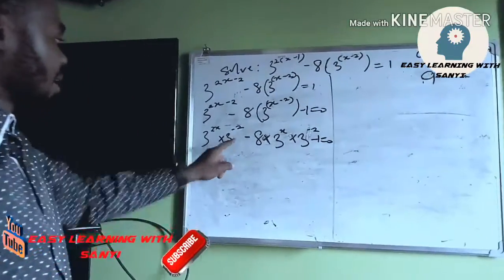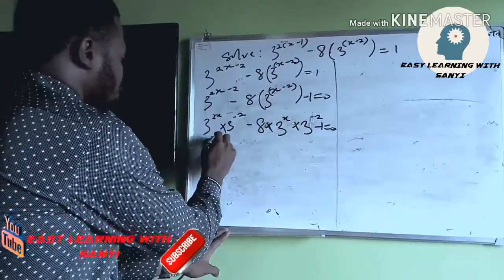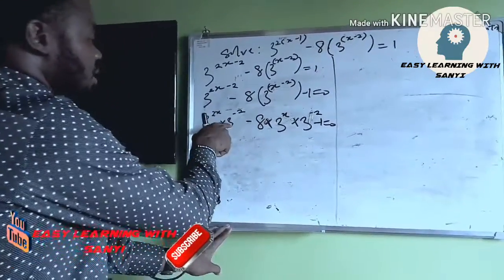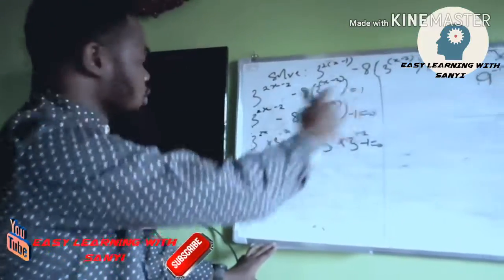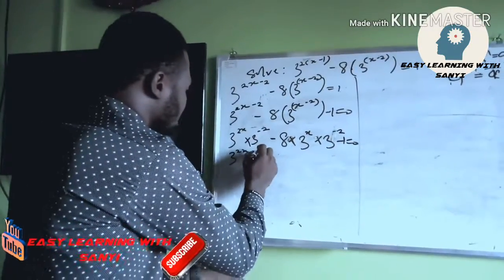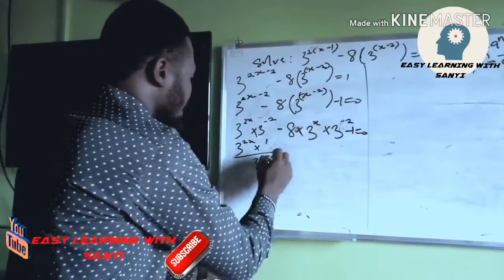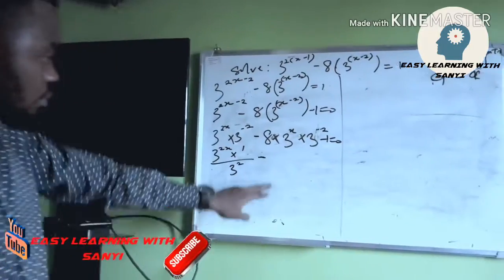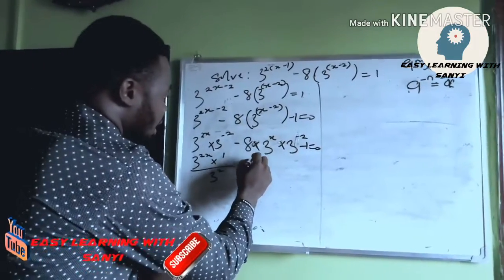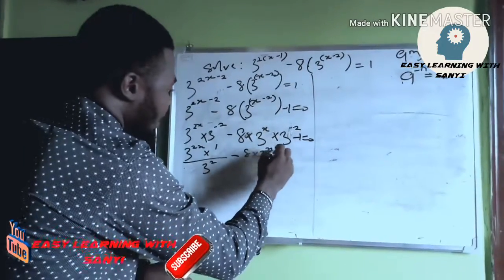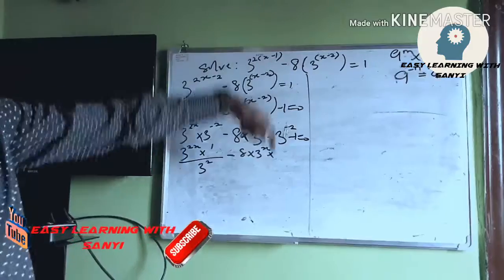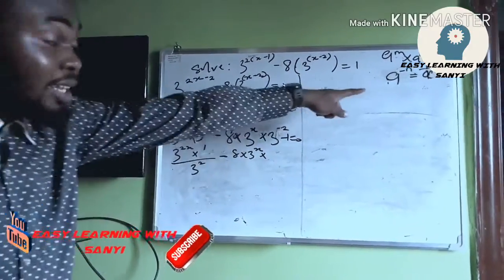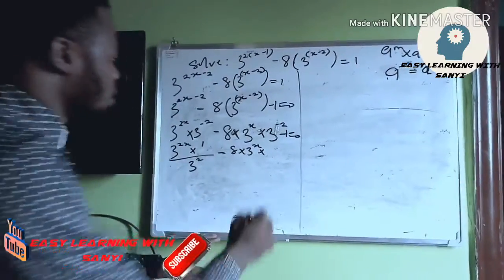From here I can see that 3 raised to power 2x times 3 raised to power minus 2 is going to be 1 over 3 raised to power 2. Then minus 8 times 3 raised to power x times 3 raised to power minus 2 is going to be 1 over 3 raised to power 2, from that law. This is the 6th law.